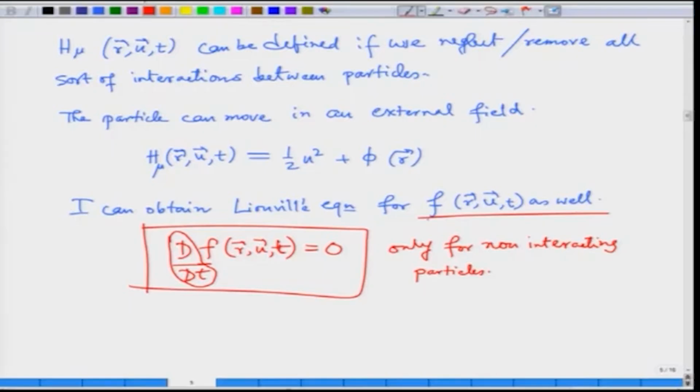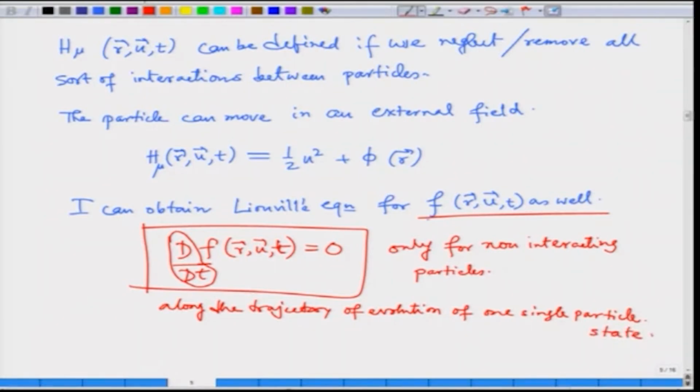So, that actually was the evolution of the whole system, the trajectory of evolution of the whole system. Here d/dt has a separate meaning. Here d/dt simply means that we are following the trajectory of evolution of one single particle, because every single particle, or one single particle state, that is it.